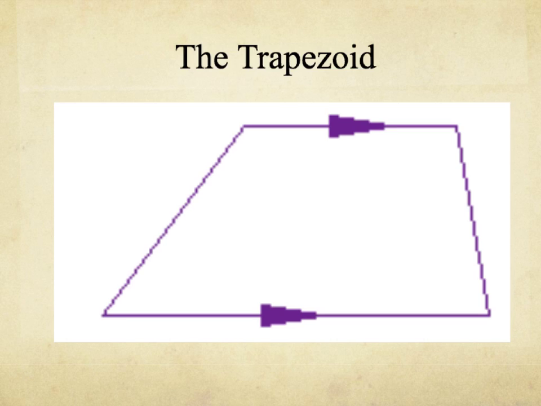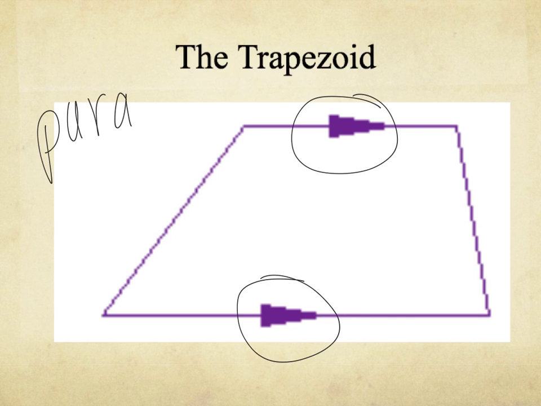Alright, the trapezoid, my favorite shape. The trapezoid doesn't follow any rules except for one. The trapezoid is the only one that says you only need 1 pair of parallel lines. Other than that, there's no requirements of a trapezoid.